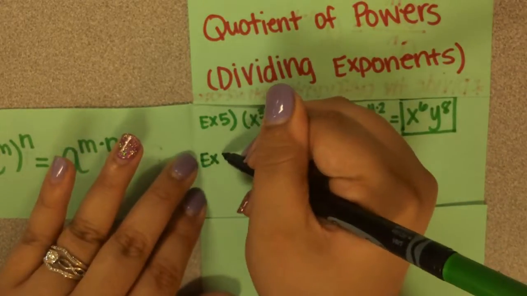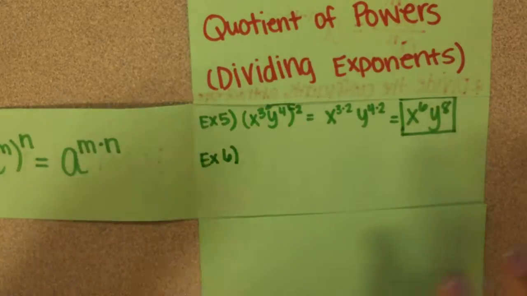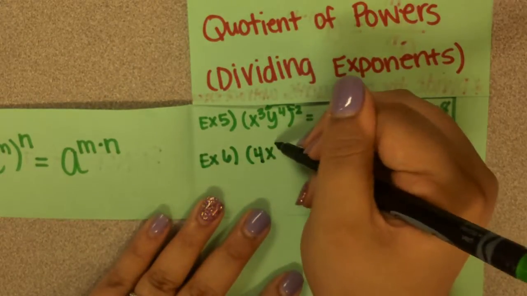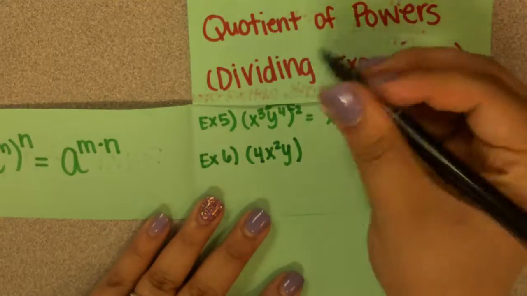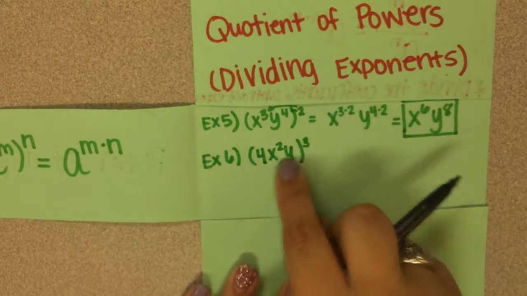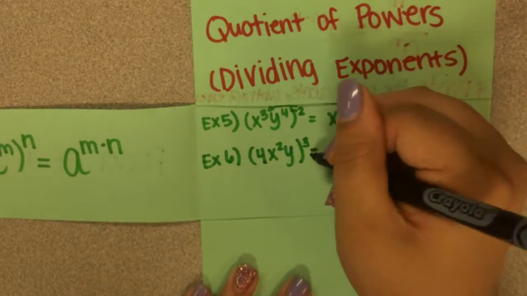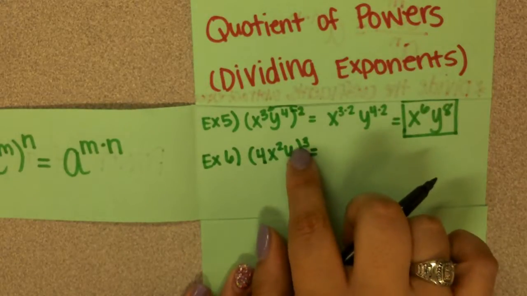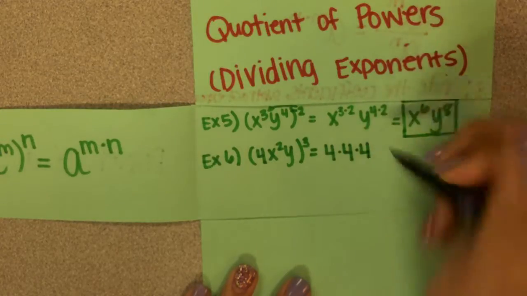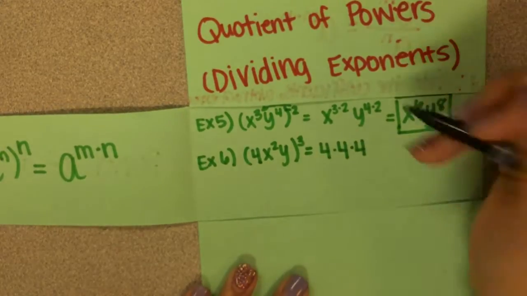Example 6. I'm going to add in some coefficients here. So I have 4x squared y to the 3rd, all cubed. Now, if I have a coefficient, how many times am I going to write that out? The exponent's 3. So I'm going to do 4 times 4 times 4, 3 times.